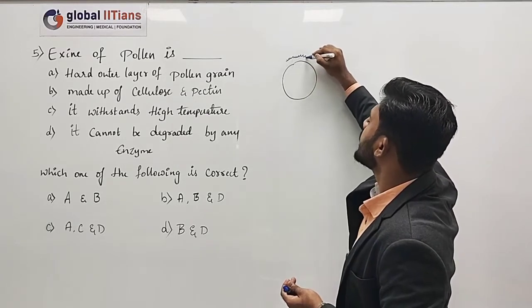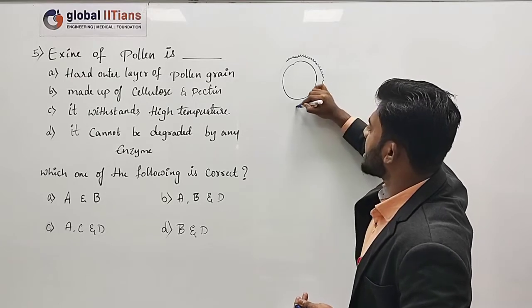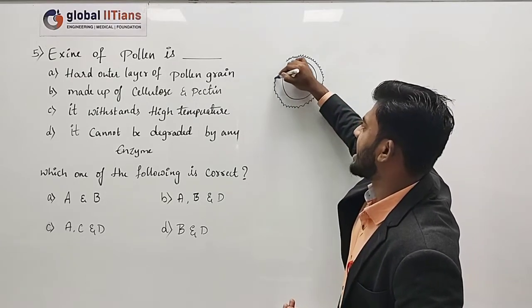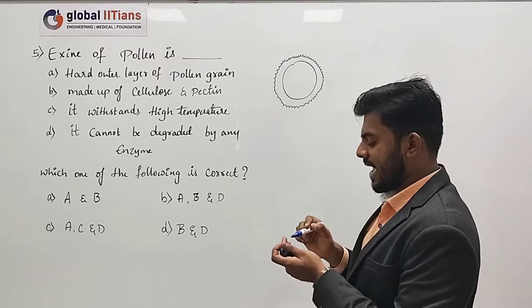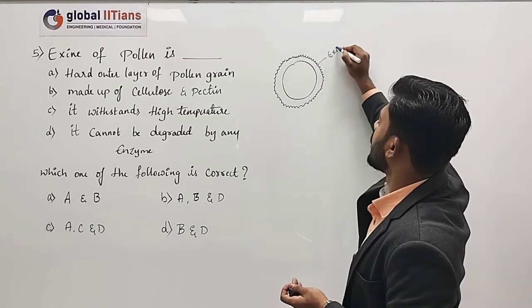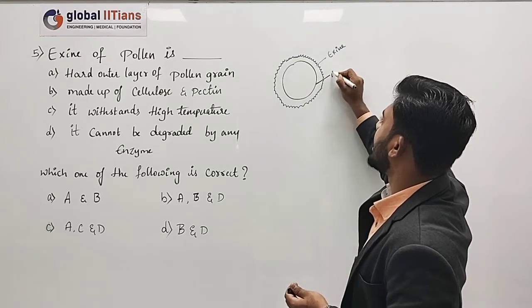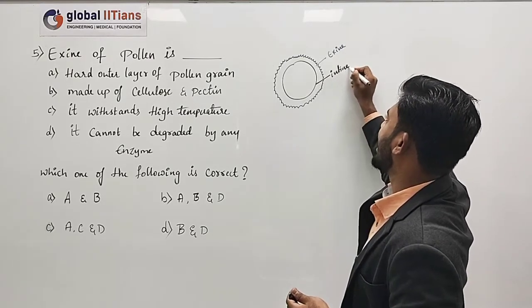The outer layer we call an enzyme, whereas the inner layer we call an enzyme. So this is the enzyme layer, whereas this one is the enzyme layer.